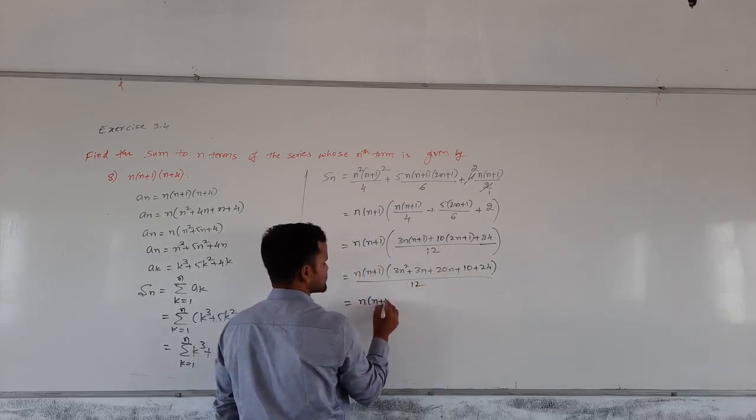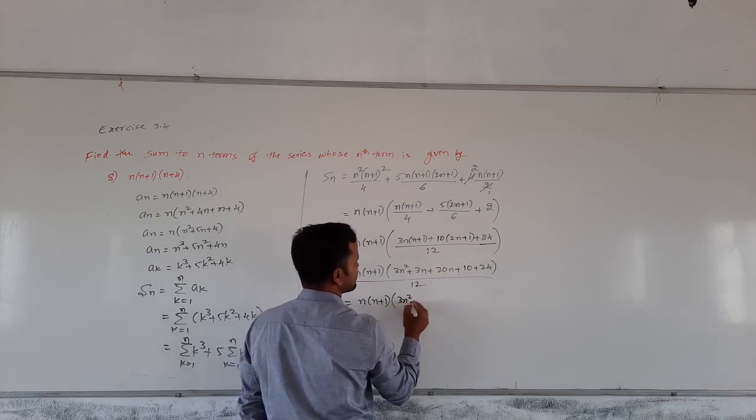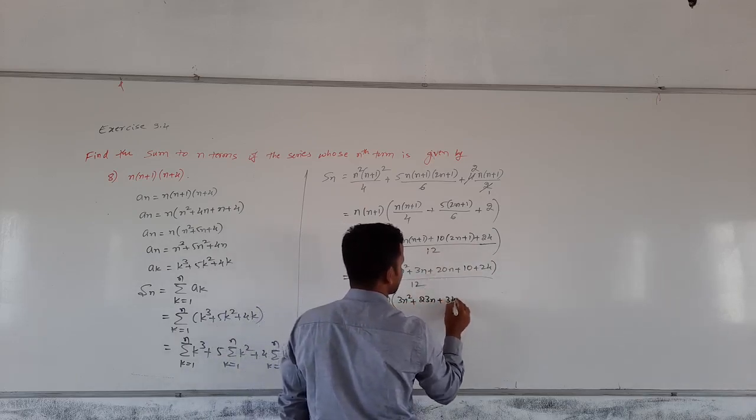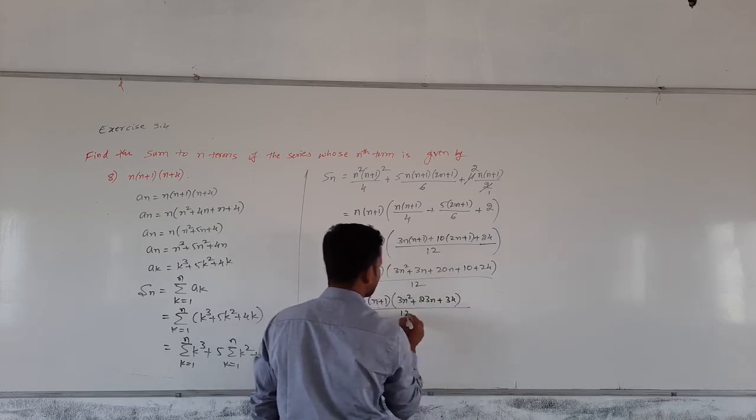That is n into (n plus 1) into (3n square plus 23n plus 34), whole divided by 12.